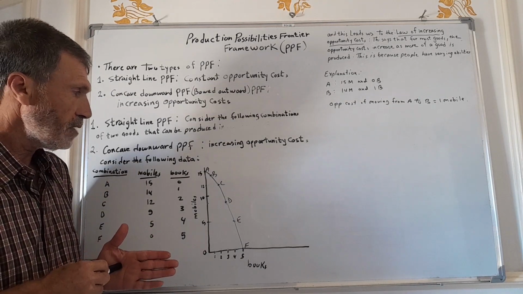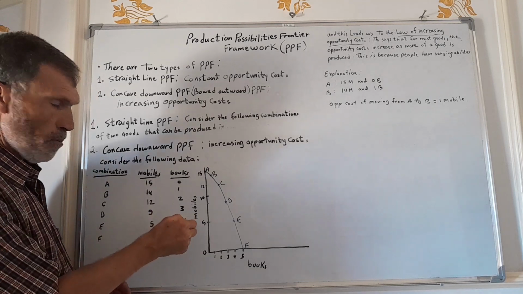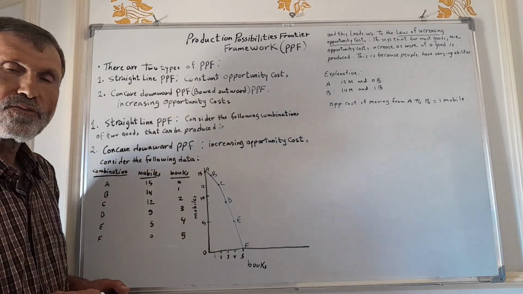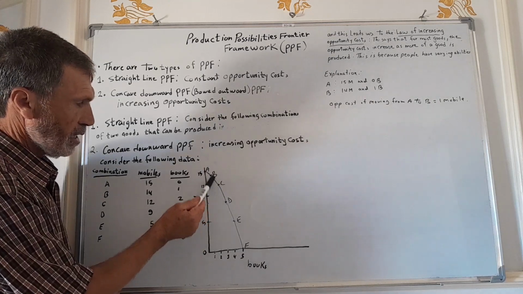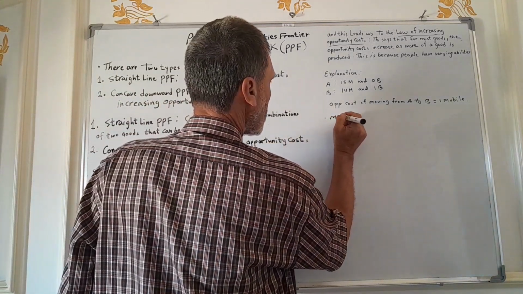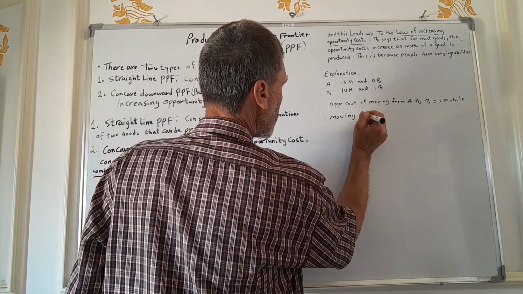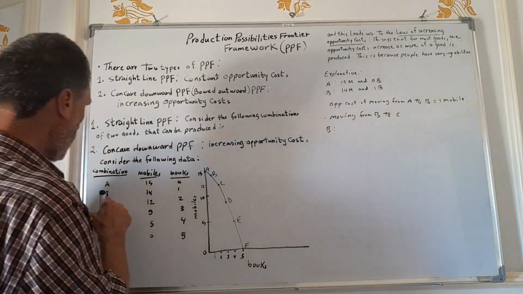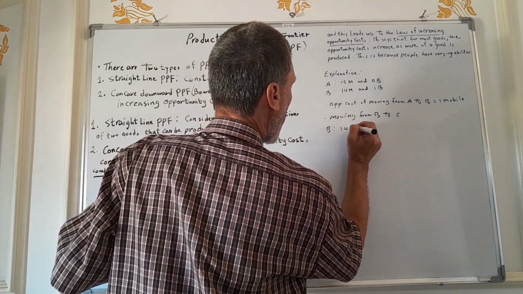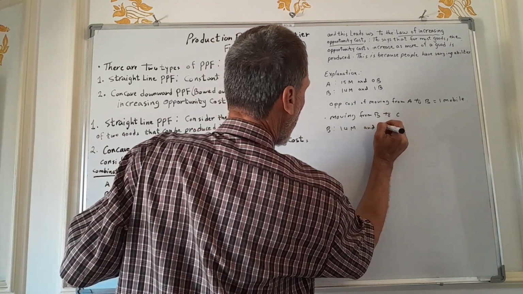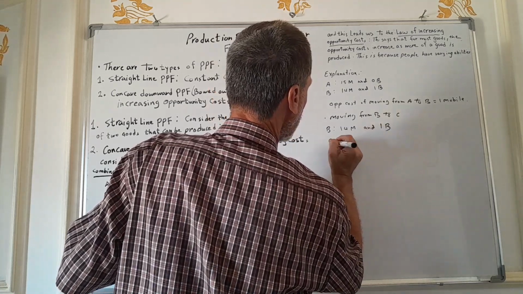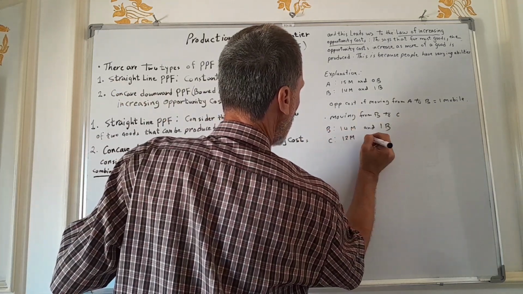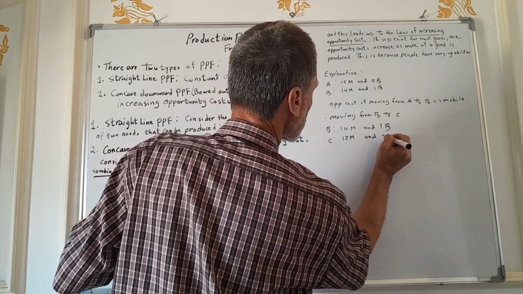What does the company forfeit in terms of mobiles to produce 1 additional unit of books? So moving from B to C. At B, of course, the production is 14 mobiles and 1 book. At C, 12 mobiles and 2 books.